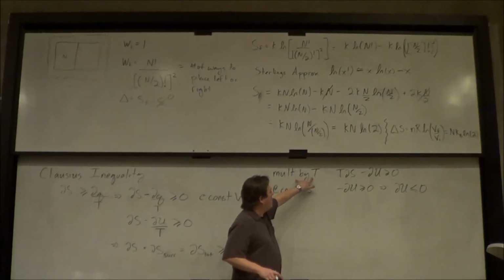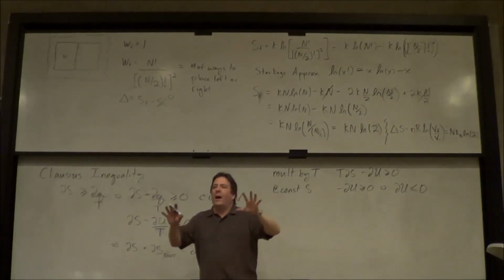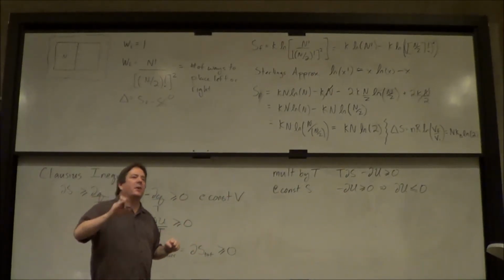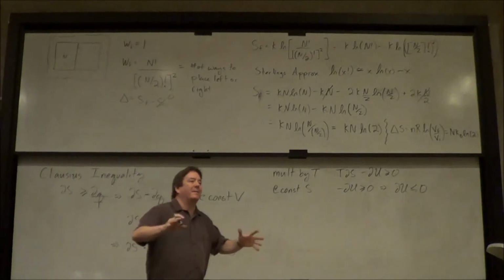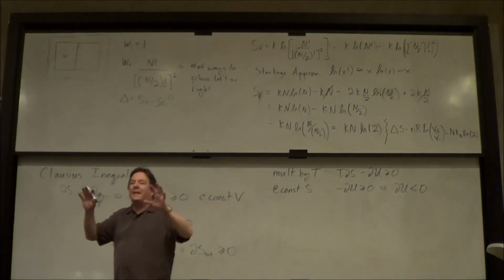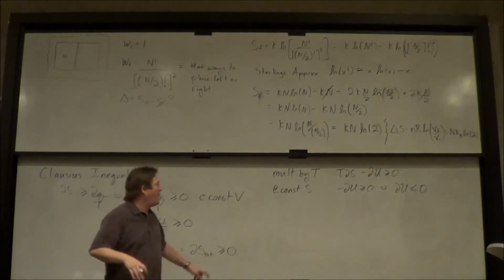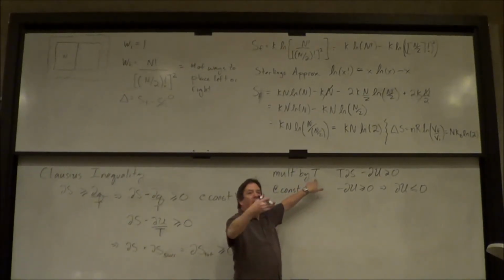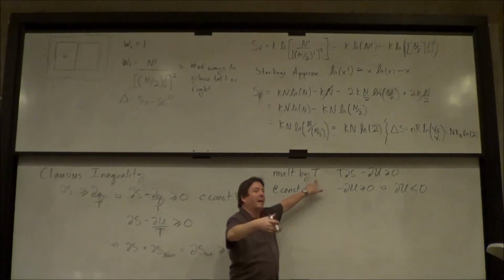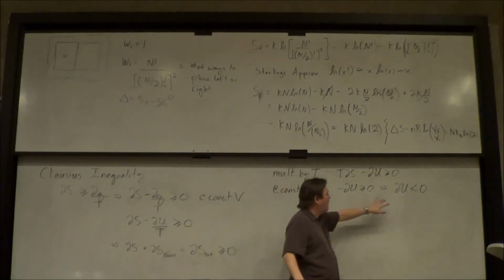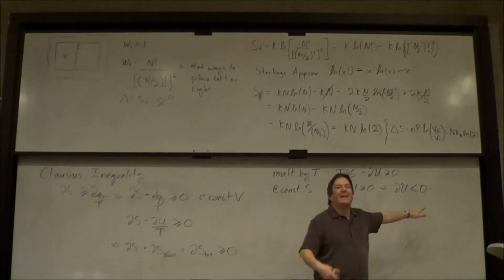You've seen why I'm obsessed with: does it go up or does it go down? Entropy, does it go up or does it go down? Is total entropy positive or is it negative? Now, I take a negative number and multiply it by a positive number, I get a negative number. It doesn't change anything. I take a positive number, multiply it by a positive number, and I get a positive number. So this doesn't do anything. It just gives me a mathematically easier thing.